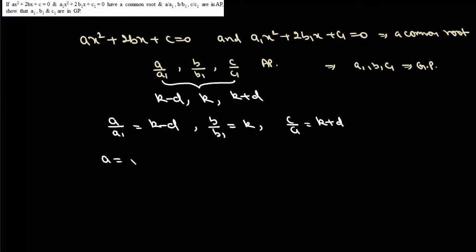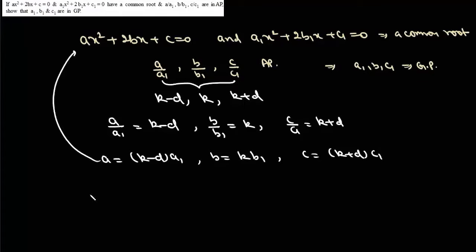or we can write a as (k minus d) into a1, b as k into b1, and c as (k plus d) into c1. Now if we put it in this equation, we can write this equation as (k minus d) a1 x square plus 2 k b1 x plus (k plus d) c1 equals 0.